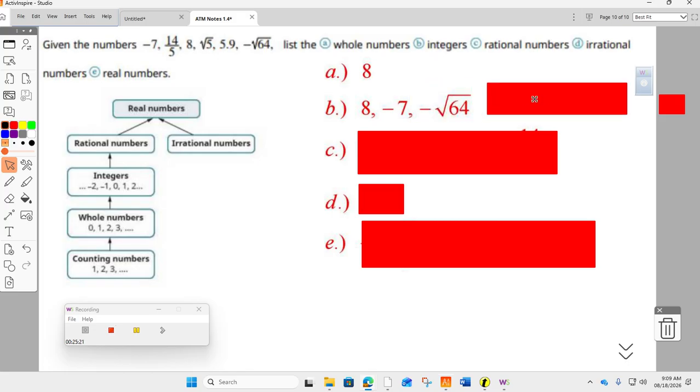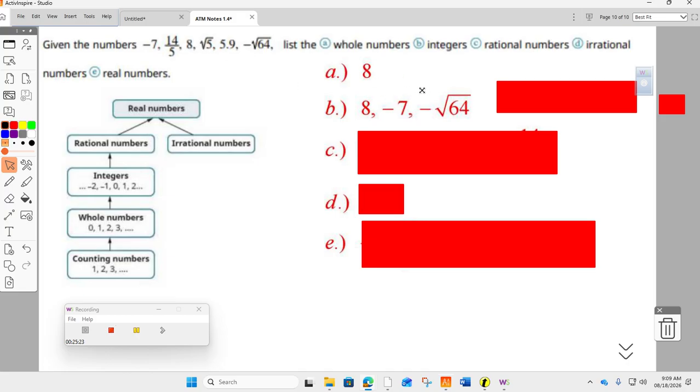So we're going to say the opposite of that. The square root of 64 is 8. The opposite of that is negative 8. Negative 8 is an integer. So if we're given something in radical form, we need to evaluate that, see if it can be evaluated and rewritten, and now we know those are our integers.